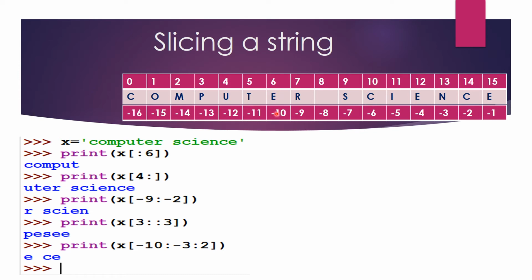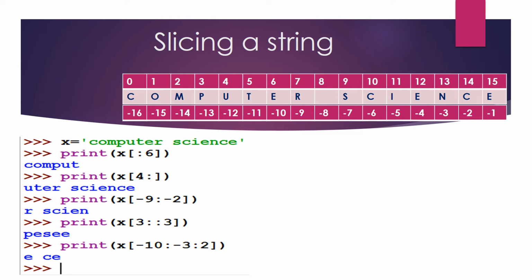But as you know, in a range the end value is not taken. The output comes up to the fifth index value, because the elements will be 0, 1, 2, 3, 4, 5; only six elements will be covered.